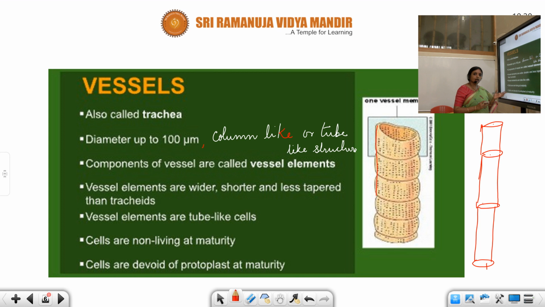Here is one perforation, and here is another, simple perforation or multiple perforation we can say. A single hole or multiple holes may be present, and this is known as the perforation plate. If one hole is present, it is called simple perforation. If more than one hole is present, it is called multiple perforation.